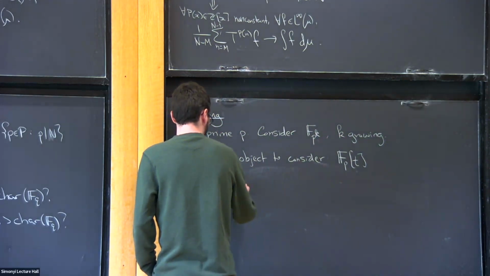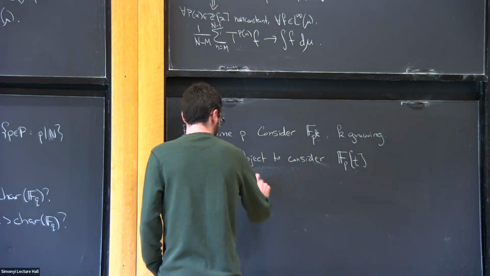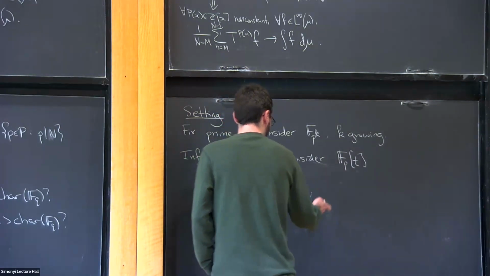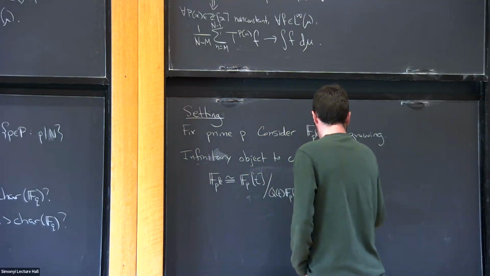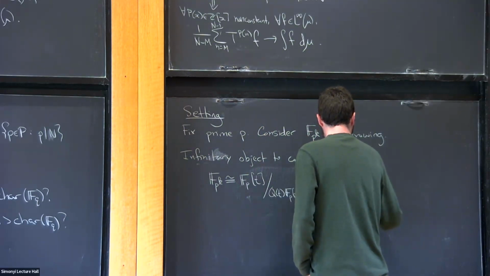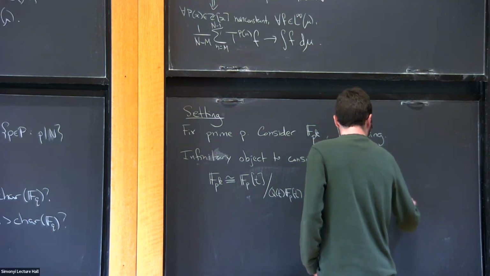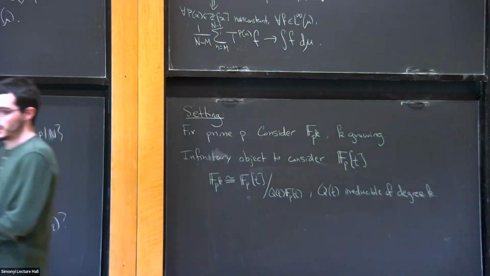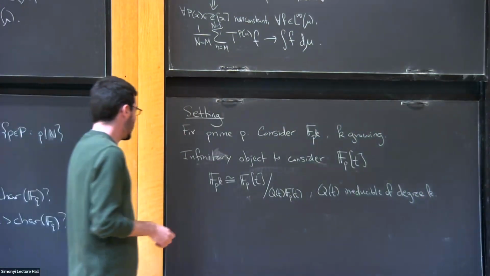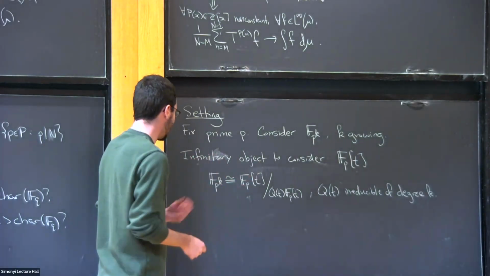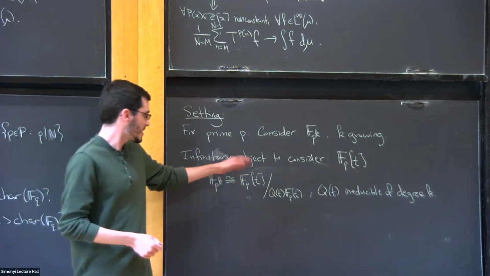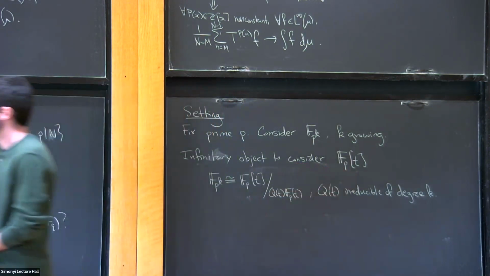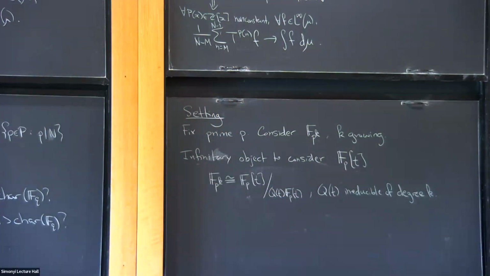So if I want to look at a finite field in characteristic p, I can see this as a quotient where q is irreducible of degree k. Okay, so to get some heuristics to guess what the right result should be for finite fields of fixed characteristic, I'm going to move to ergodic theory of actions by this ring here. So let's move over here.